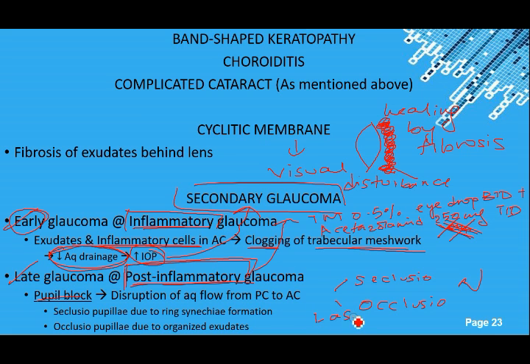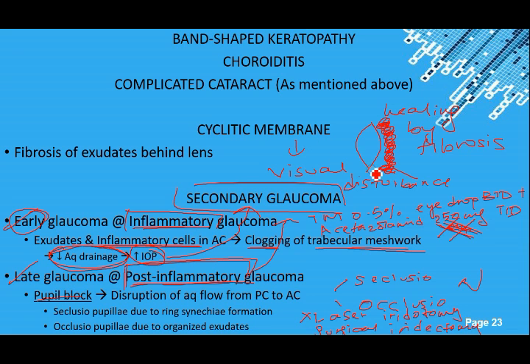So laser iridotomy, that means using laser you're going to cut the iris, or if laser is not available, then you can do surgical iridectomy, that means cutting out part of the iris.